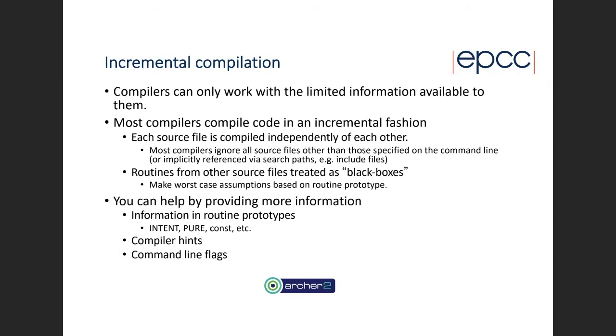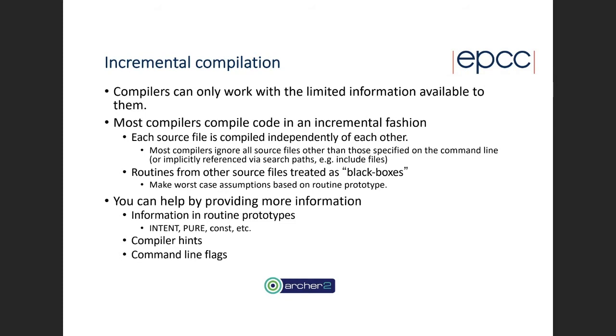So particularly providing information via routine prototypes. You can use intent in Fortran and pure. You can use const in C and C++, to indicate that the value of a function argument is not going to be modified. There are also hints and potentially also command line flags that you can use to tell the compiler, please also look in this other file to do inlining, for example.